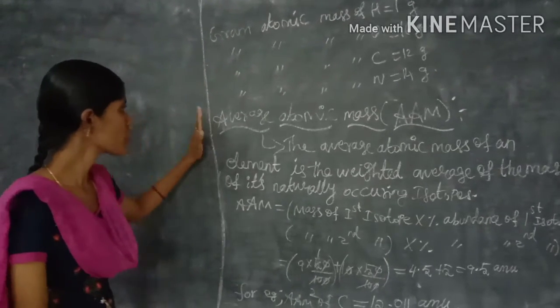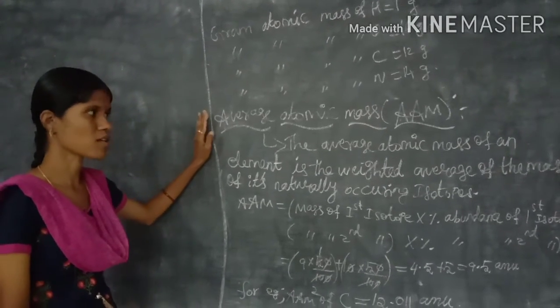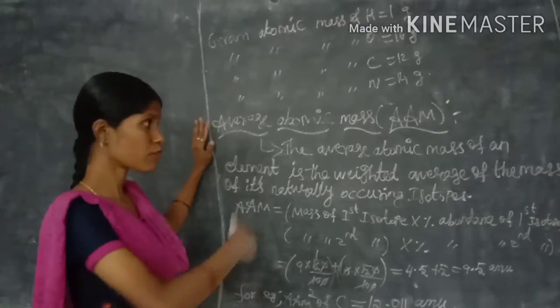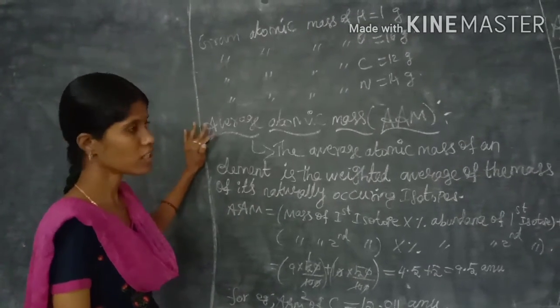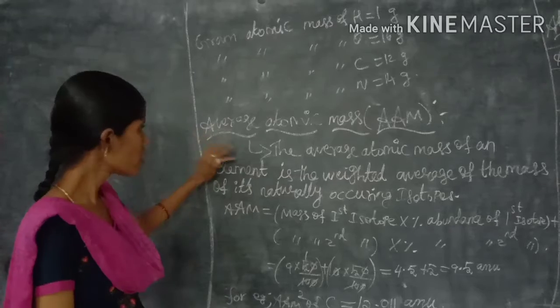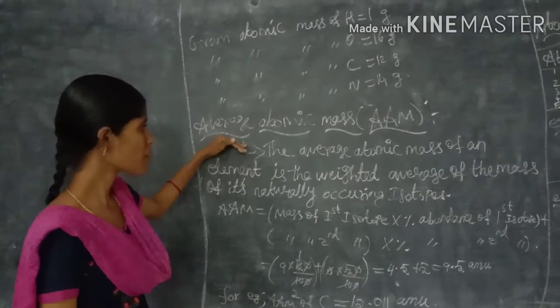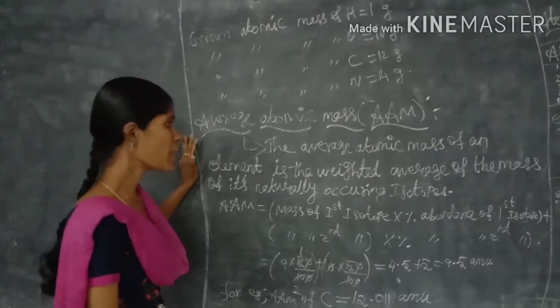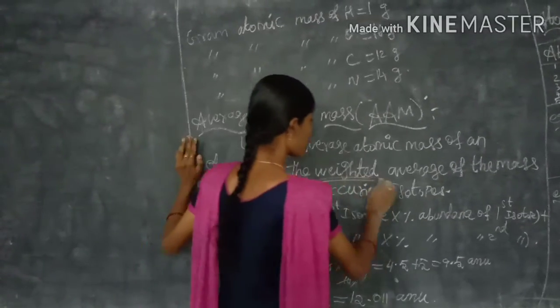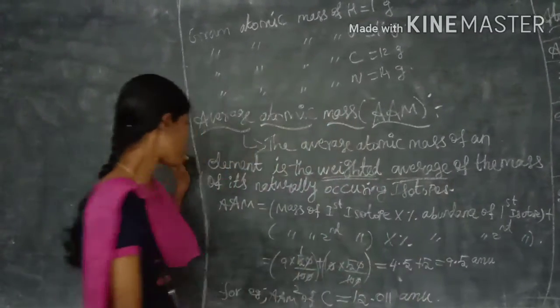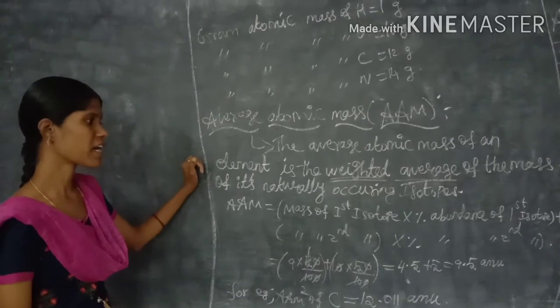The next one is average atomic mass. RAM is different from AAM, which means average atomic mass. The definition is: the average atomic mass of an element is the weighted average of the masses of its naturally occurring isotopes.